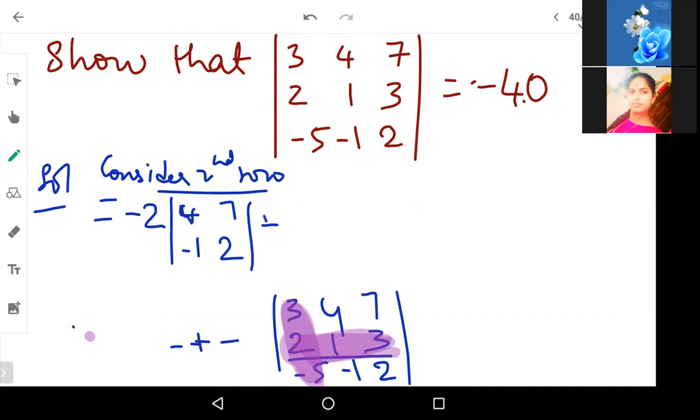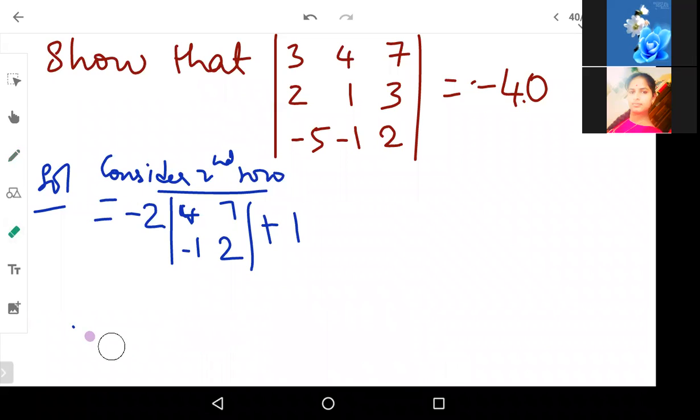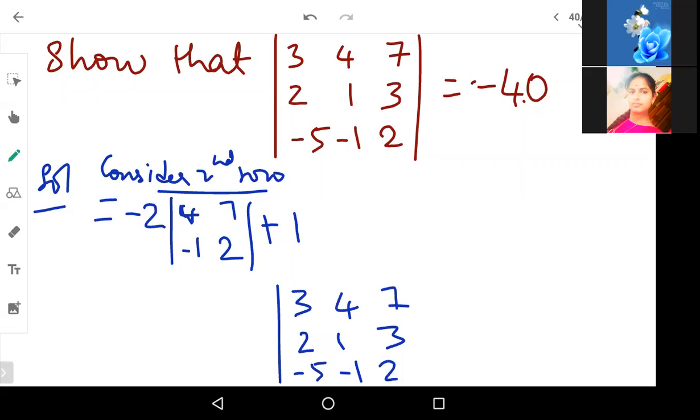Then plus, the next value here is 1. Right? So, for the determinant, again let us write it down. That is 3, 4, 7, 2, 1, 3, minus 5, minus 1 and 2. Yes, second row, second column, since I am taking 1.